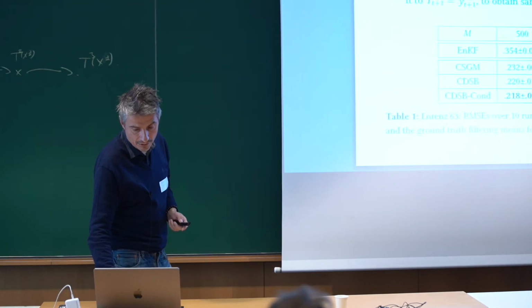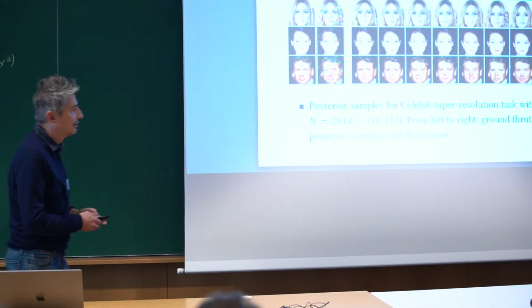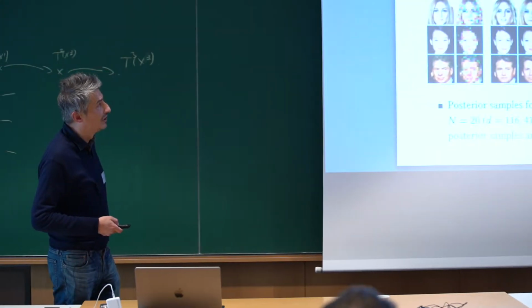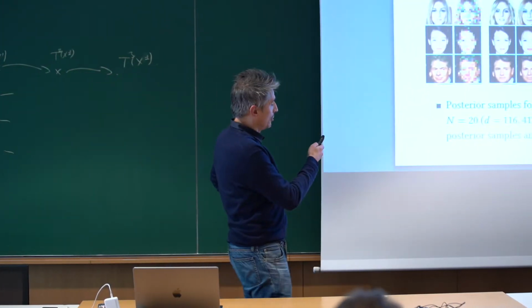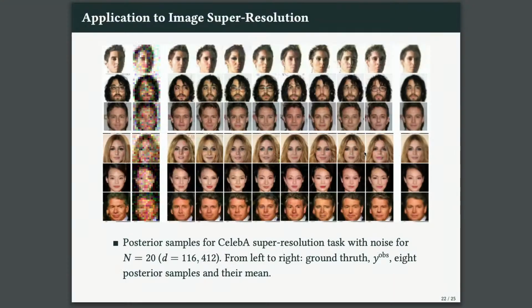So I give you here an example which is for image super resolution. This is an example for CelebA. This is the ground truth. This is some kind of corrupted image. And basically, I've learned one single neural net. It's not for each individual image, it's going to work for all corrupted images.